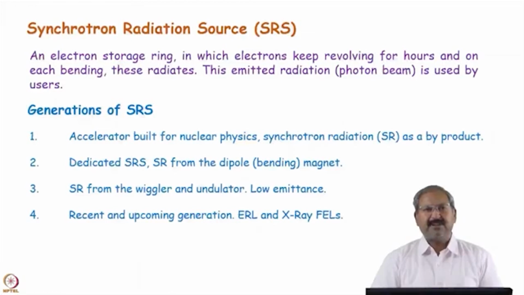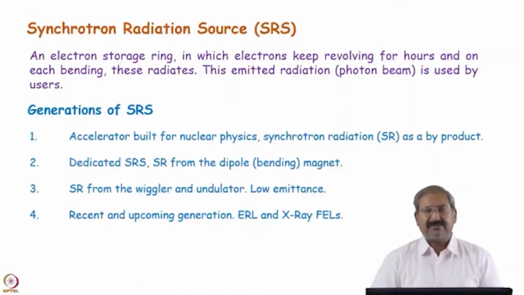So this was a bottleneck at that time. And this was a nuisance, that oh, this radiation is occurring, and this was a byproduct. And this was basically a hurdle for achieving higher energies in the case of the electrons, because we are pumping the energy and it is losing the energy in the form of electromagnetic waves.